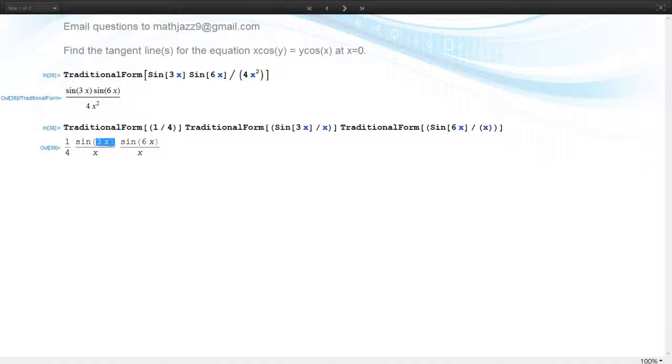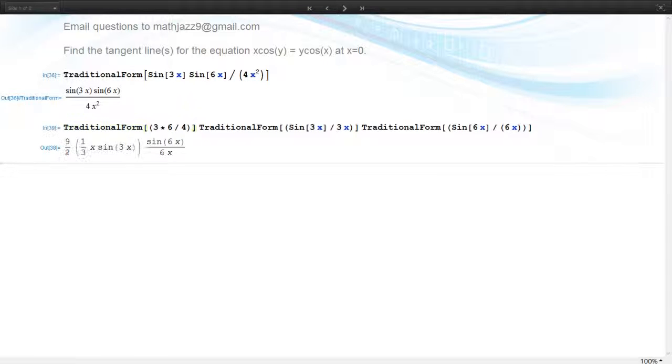The thing is that 3x gets to 0 at a different rate than x does. We can fix this by multiplying by 3 over 3 and multiplying by 6 over 6. Doing that, we get this. Oh, I need to put parentheses here.